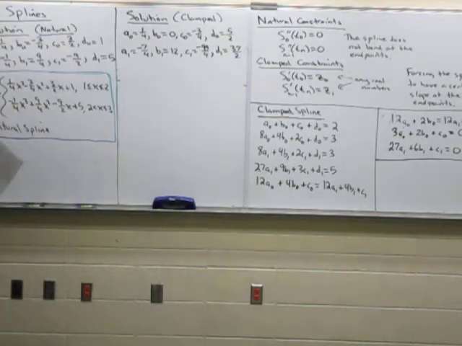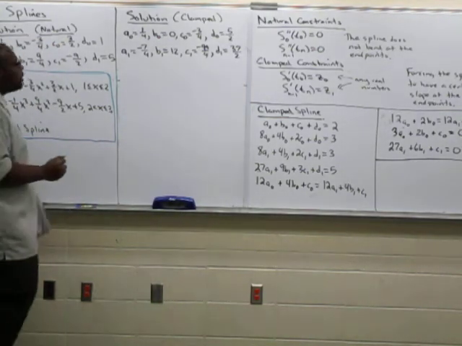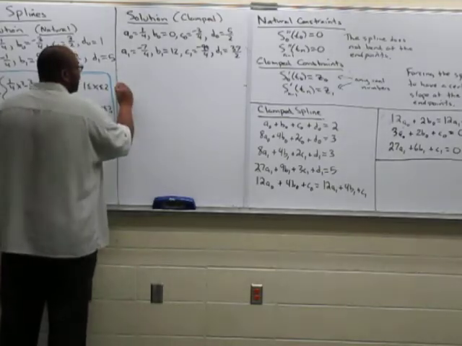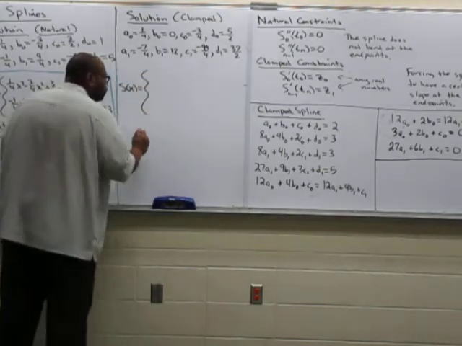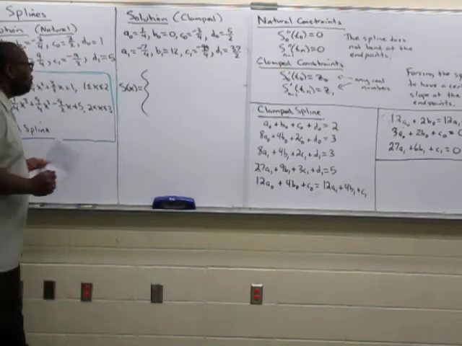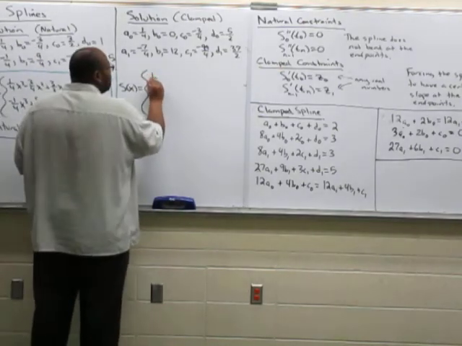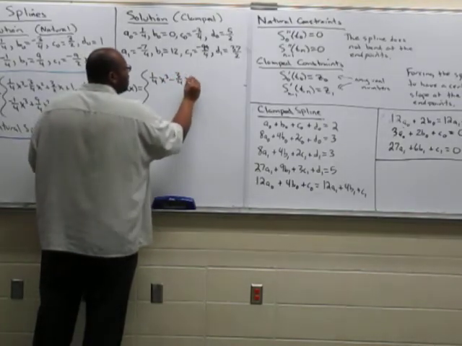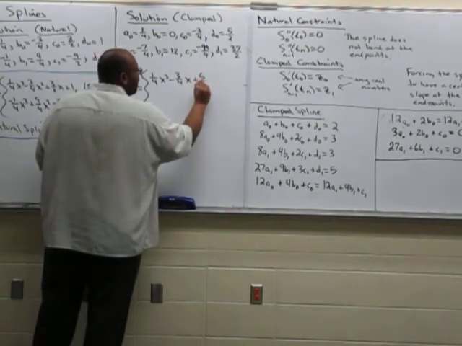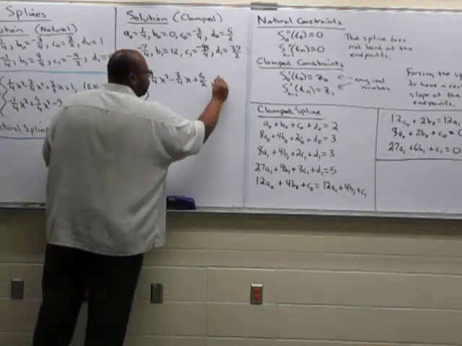And so what is going to be my final answer for my clamp spline, right? So we get S of X is equal to 1/4 x cubed minus 3/4 x plus 5/2, where x goes from 1 to 2.